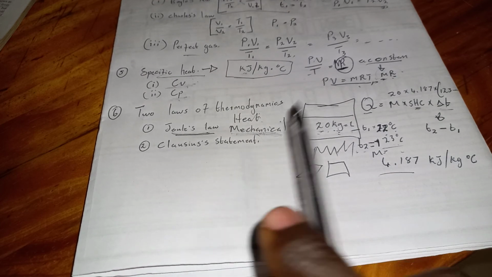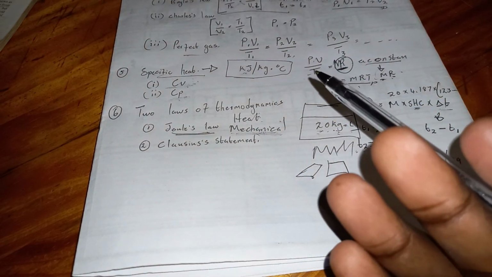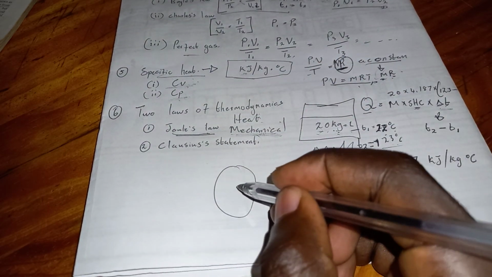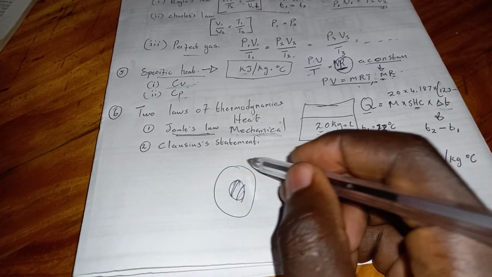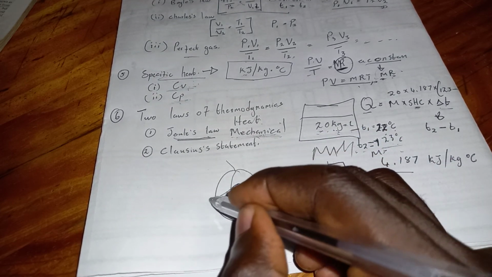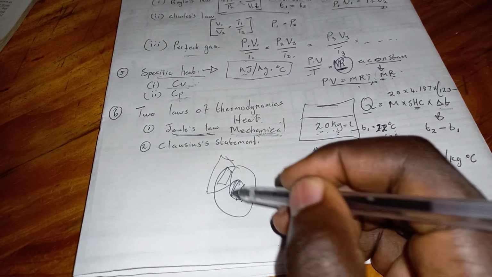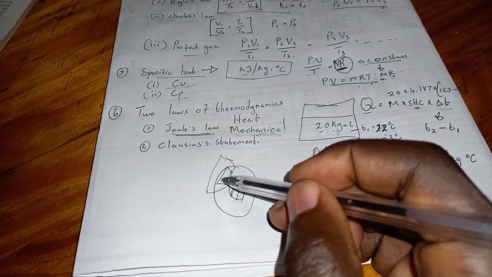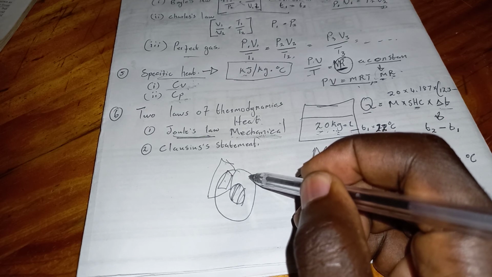So let's say a brake of a car is made of a brake drum. Let's say this is the brake drum. This is the wheel, this is where the wheel is mounted. You have a brake drum and the brake caliper here. The brake caliper has brake pads, and when you apply the brakes, the brake caliper compresses the brake pads to hold the brake drum.